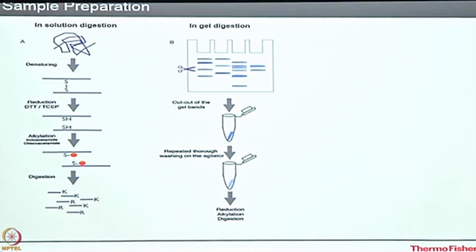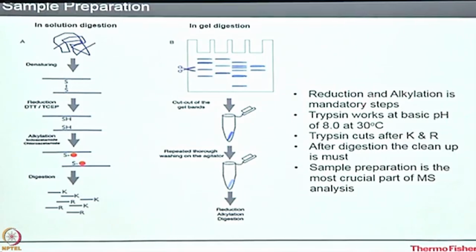It reduces the disulfide bonds, and because it is a reversible reaction, you have to use an alkylation step to block those sulfide residues. So you add iodoacetamide, those residues will be blocked by iodoacetamide, and then you digest with a protease. The most common protease is trypsin, which cuts after arginine and lysine. Reduction and alkylation is very important, otherwise you will not get 100% digestion.